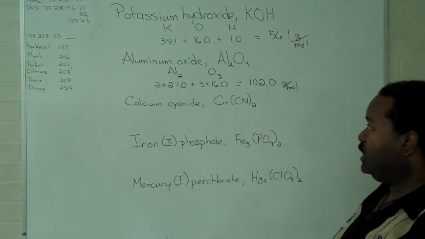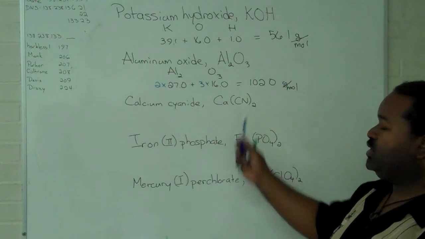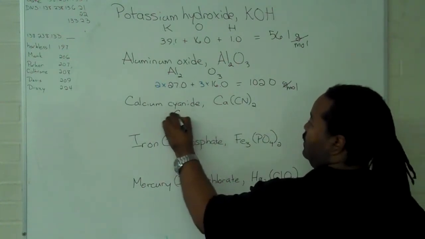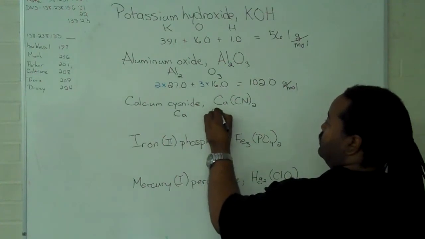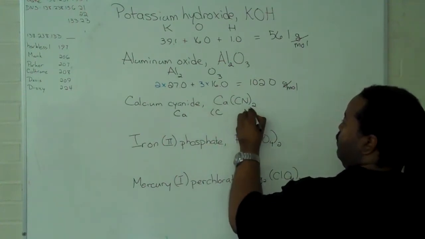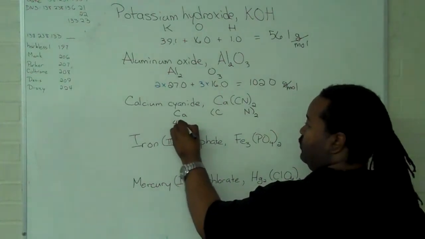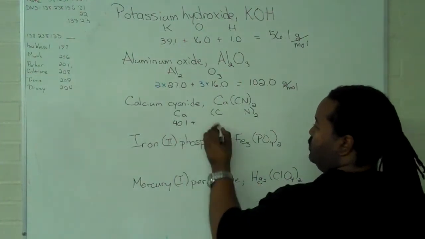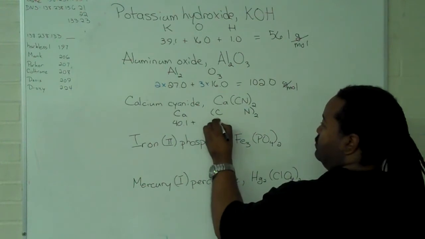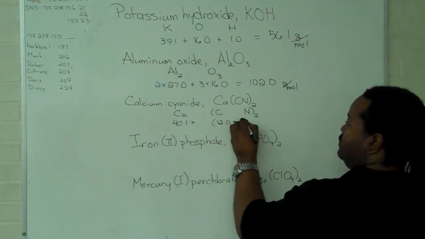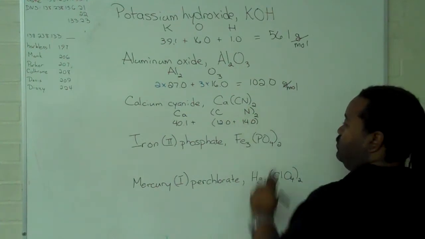We do a similar thing if we have a subscript multiplying a polyatomic ion. In this case, calcium cyanide. From the calcium, we get 40.1 grams per mole. The carbon is going to give us 12.0, and the nitrogen will give us 14.0.